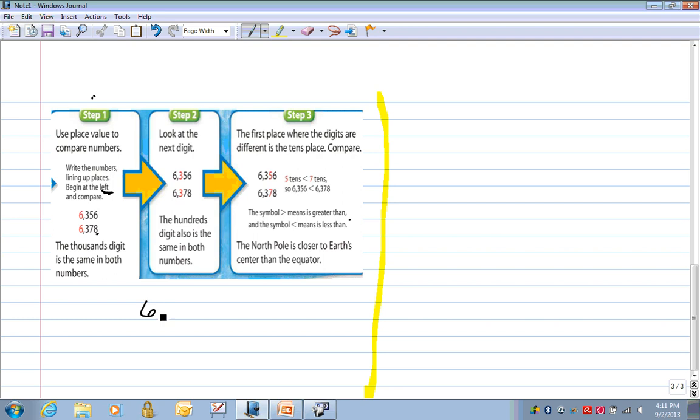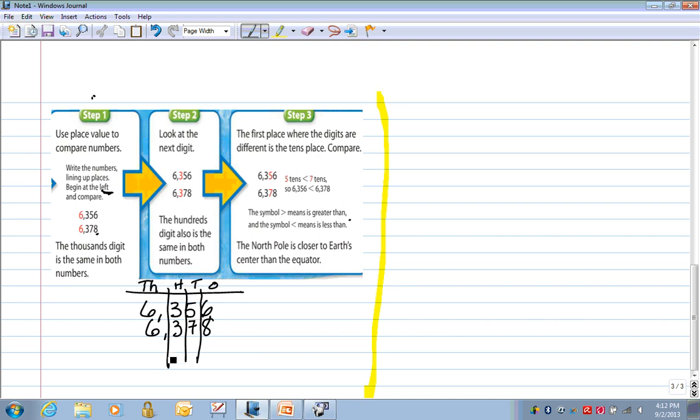So in our example here, we have two numbers. We have 6,356. We also have 6,378. So if we look at our place values, let's label ones, tens, hundreds, and this is thousands.